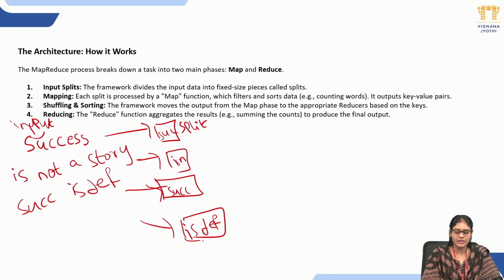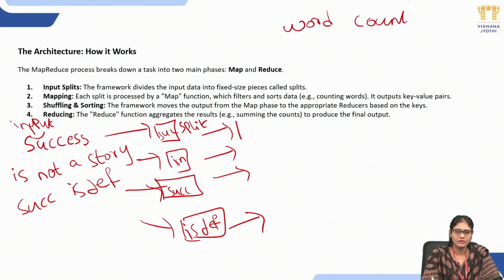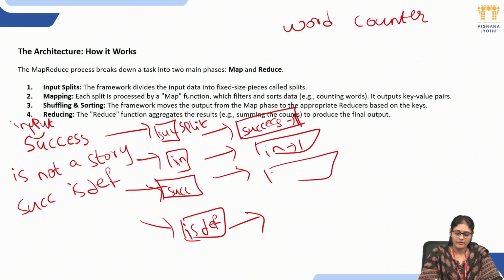After splitting, what will it do? It will shuffle and sort. As ours is a word counter example, we are just counting the words. So how many times is each word there? Success 1, In 1, Success 1, Is 1, Definition 1.